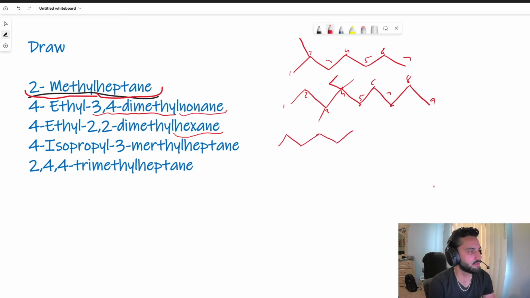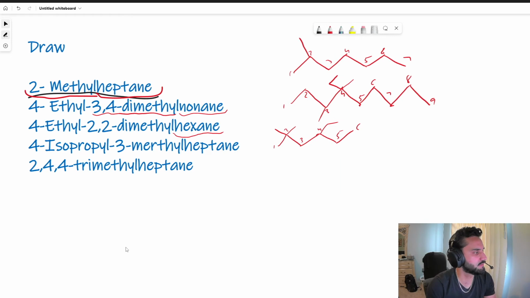On carbon number 4, we have an ethyl group. And we have 2 methyl groups on carbon number 2, so here are our dimethyl groups. And that's that.